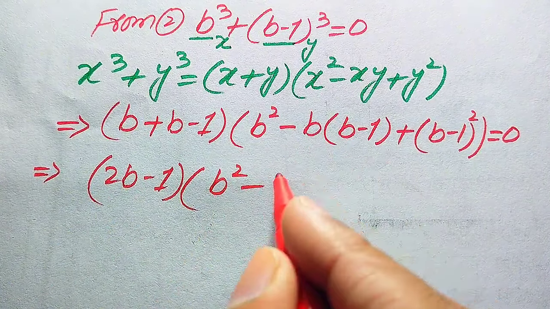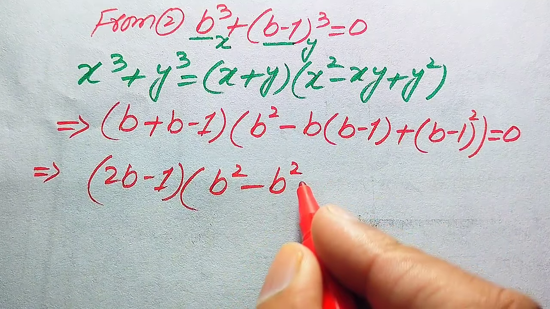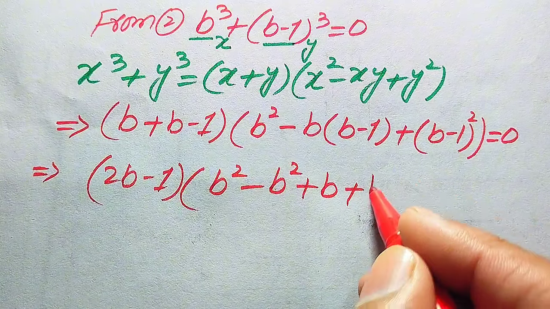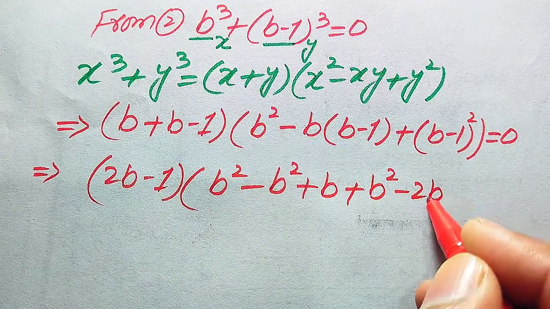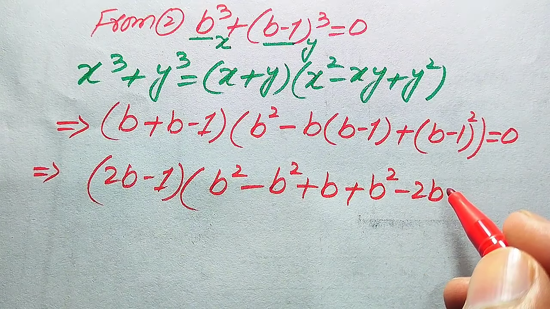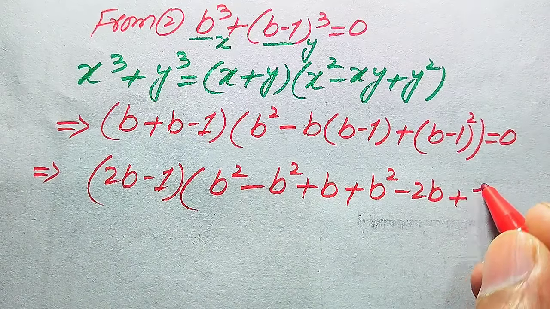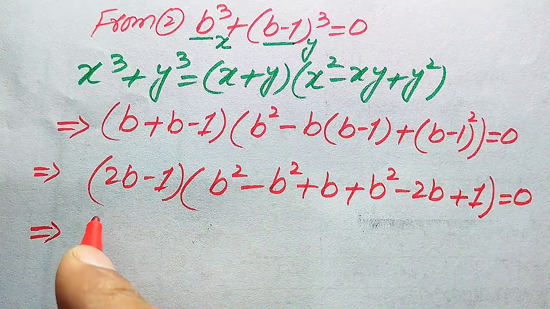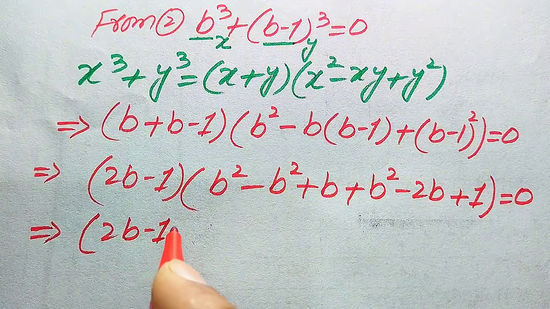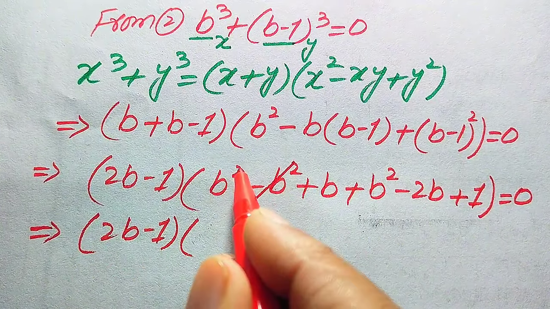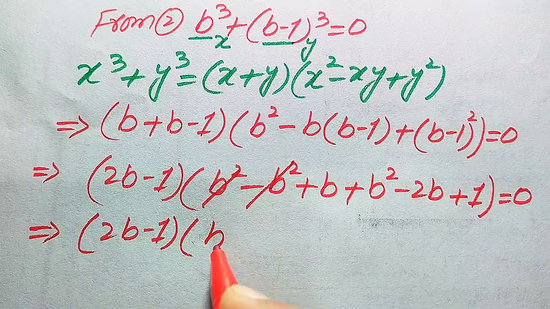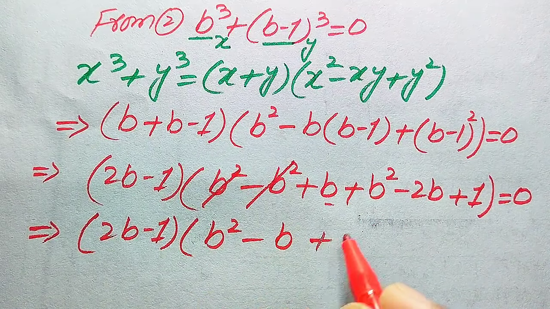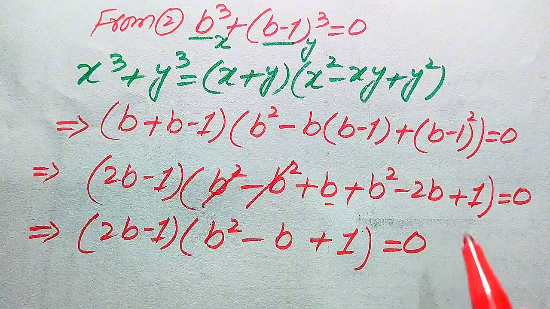We multiply b on both of these values and it becomes minus b squared and plus b, and here we use the nice algebraic formula and it becomes b squared minus 2b plus 1, equals 0. So here further we need more simplifications and it becomes (2b minus 1) into this: b squared is cancelled out by this b squared, and we get b squared, and b minus 2b becomes minus b, and plus 1 equals 0.